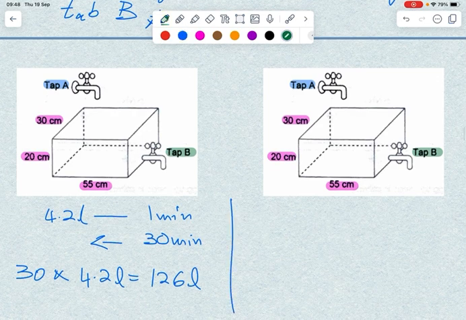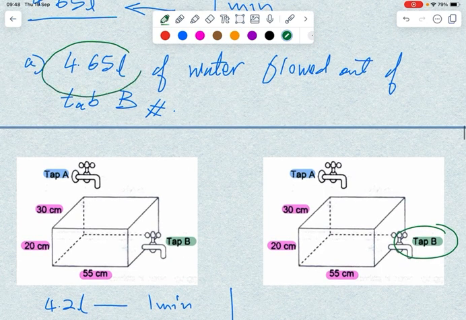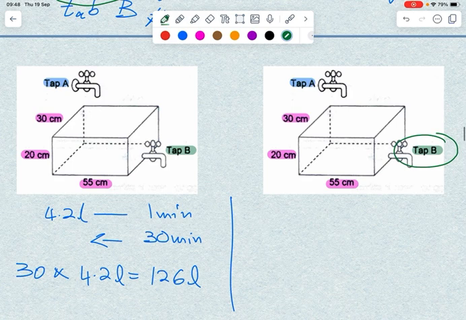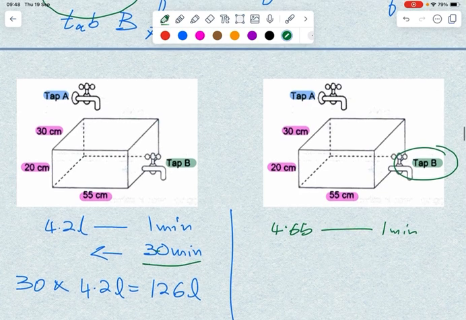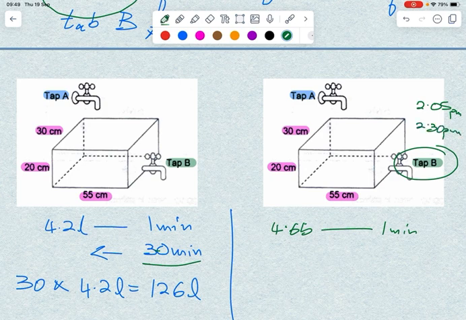Now for tap B, we know the rate is 4.65 liters of water flowing out per minute. And do take note, is it still 30 minutes? No, because remember tap B was turned on at 2:05 p.m., and until 2:30 p.m. it's only 25 minutes.